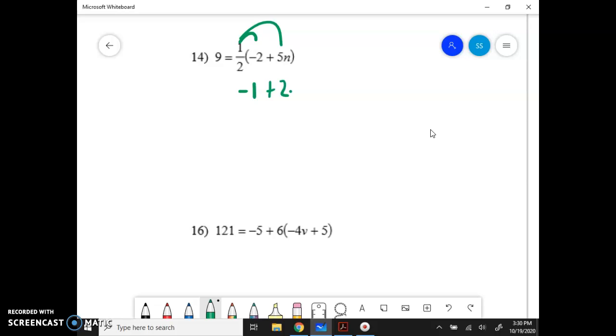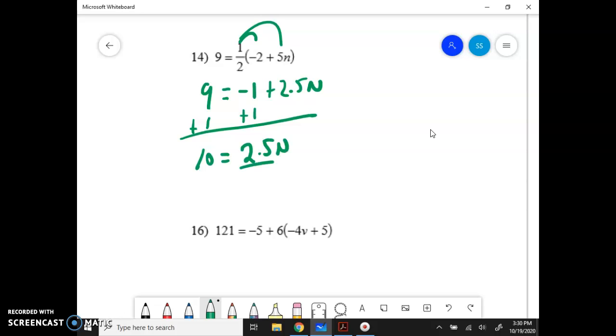We're going to get 2.5n. Try to get this variable by itself, so we can just add 1, add 1. We're left with 10 is equal to 2.5n. Divide by 2.5, divide by 2.5, and you're left with 1n is equal to 4.